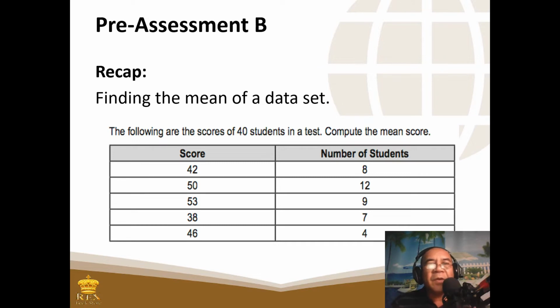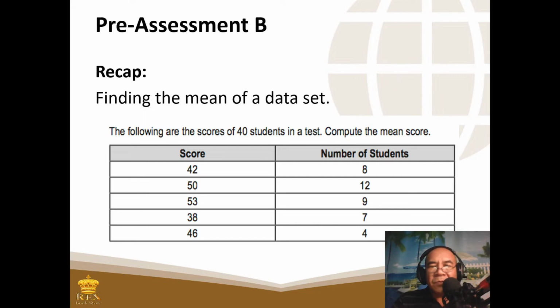So secondly, we have another pre-assessment, finding the mean of a data set. The following are the scores of 40 students in a test. Compute the mean score. So the scores are 42, 50, 53, 38, and 46. And it has an equivalent number of students.